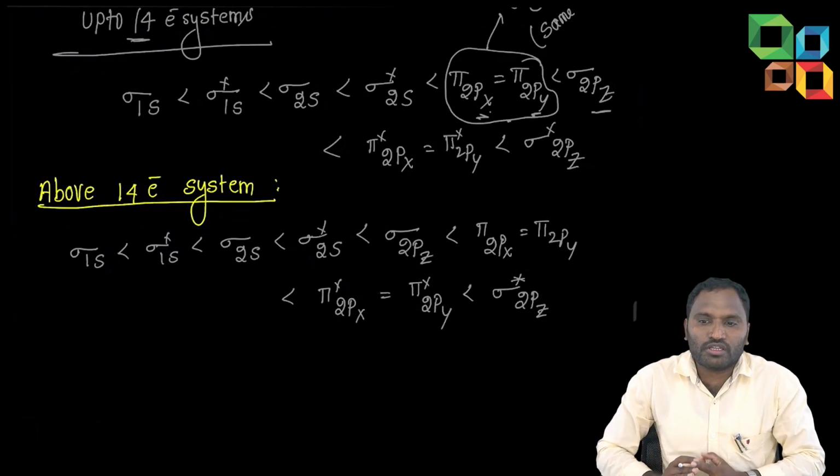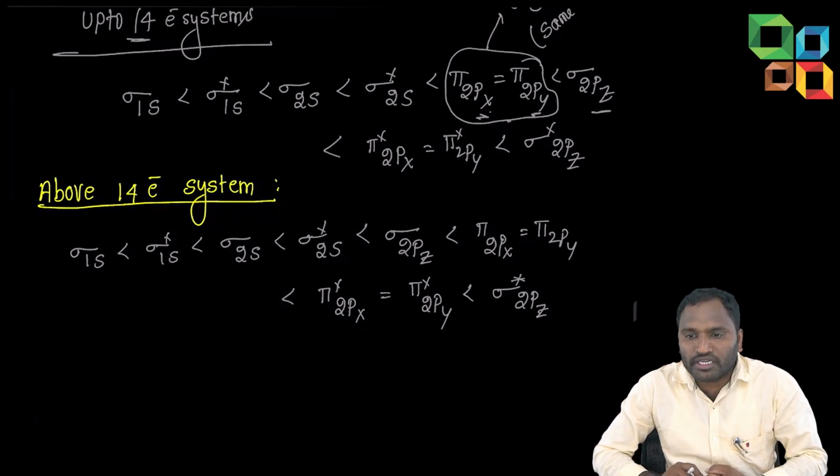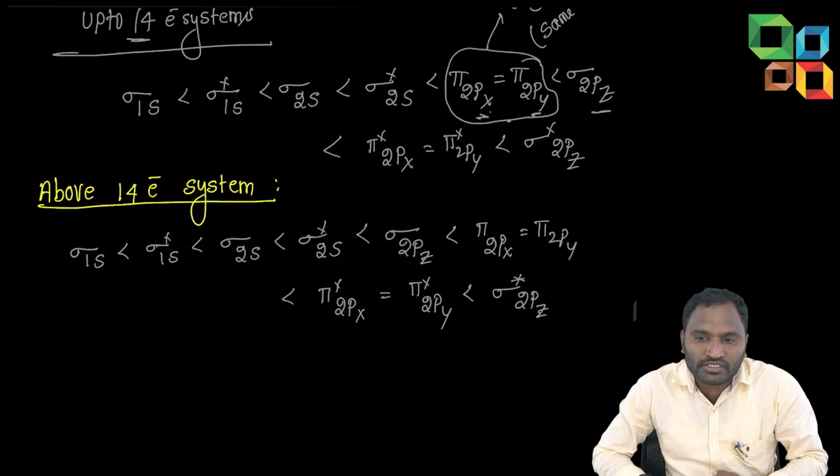So far in molecular orbital theory, what I taught, students, molecular orbitals are formed by the combination of atomic orbitals. However many atomic orbitals combine, that many molecular orbitals will form. If two atomic orbitals combine, they form two molecular orbitals. In that, one is a bonding molecular orbital, another is an anti-bonding molecular orbital.